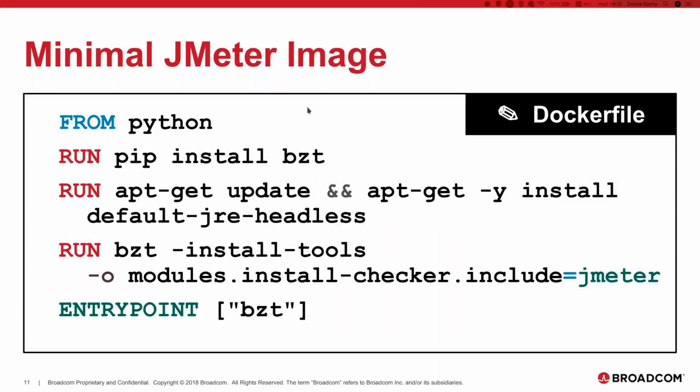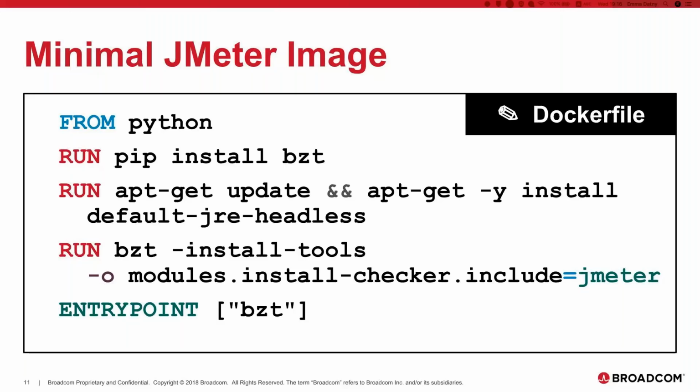Let's figure out what happens. The first line is FROM. FROM means which image to use as the base image for the Docker image we build. It makes sense to not start from a pure blank page.